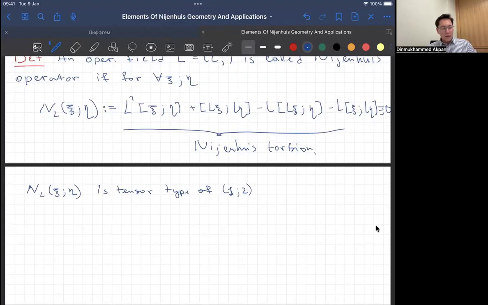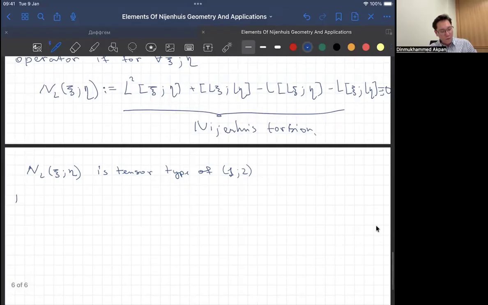There are several ways to rewrite this Nijenhuis torsion. For example, if we have a symmetric connection on the manifold, for example the Levi-Civita connection for some metric, then we can rewrite the Nijenhuis torsion in the following way.